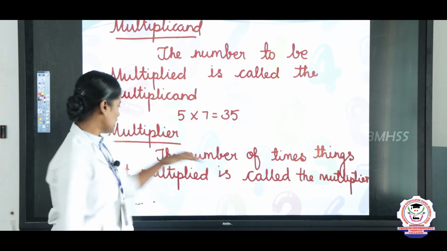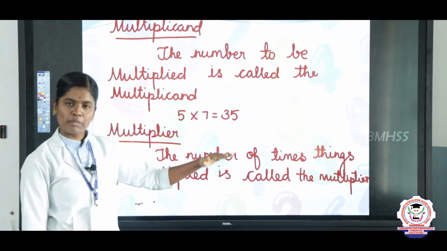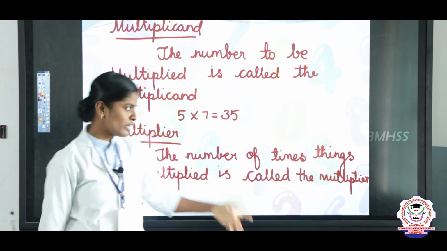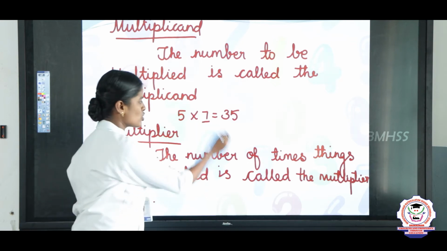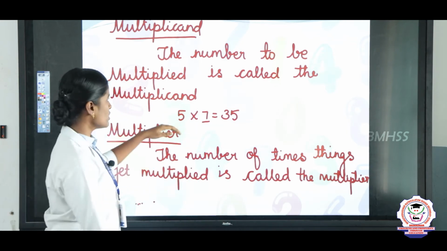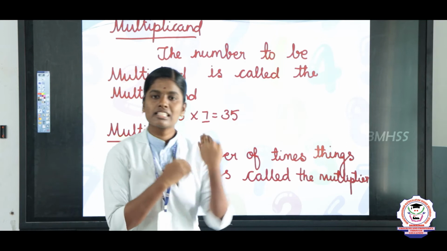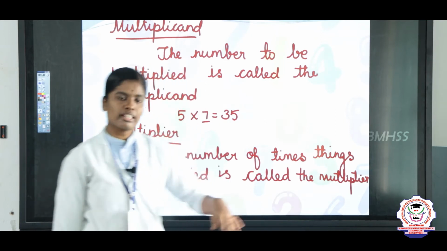So listen children, here 7 is called the multiplier and 5 is called the multiplicand, and the final answer 35 is called the product.